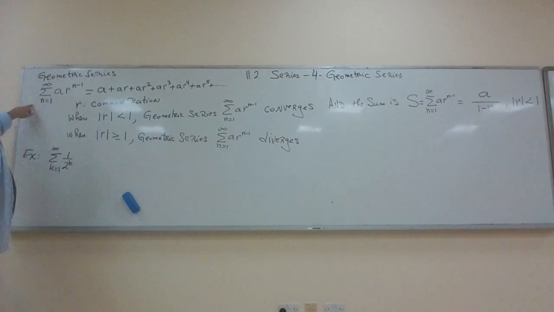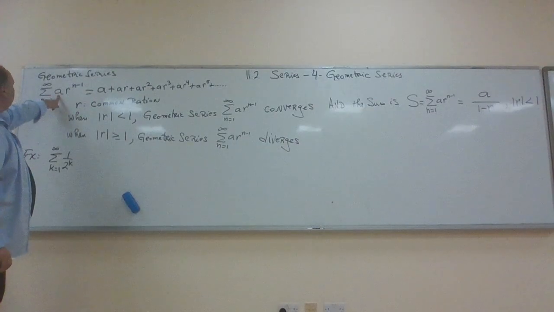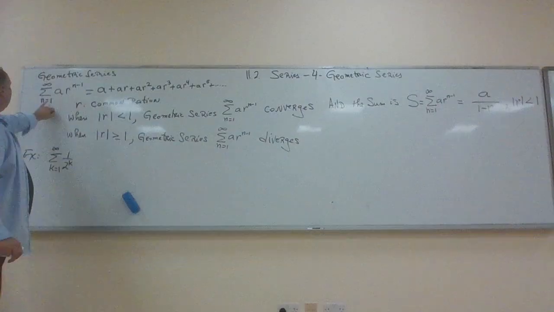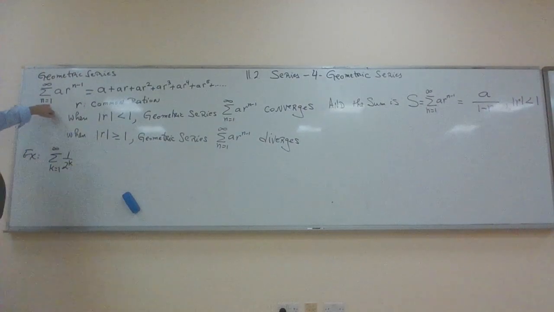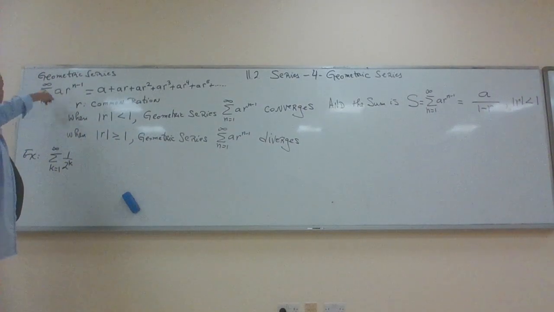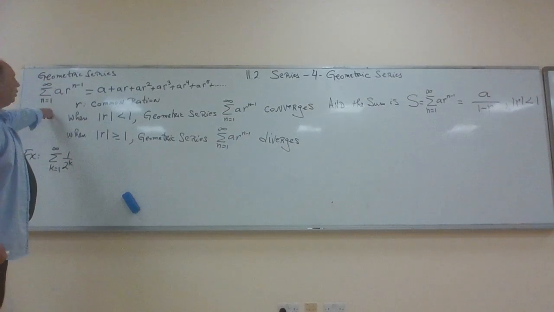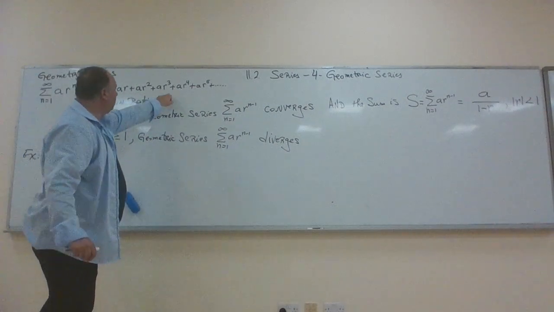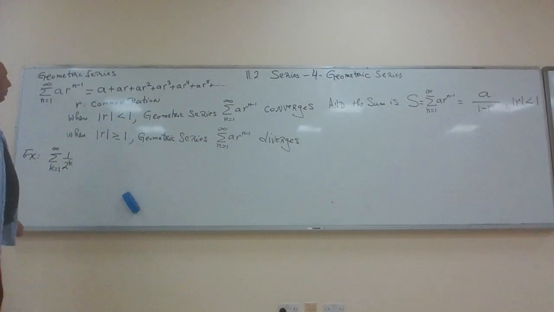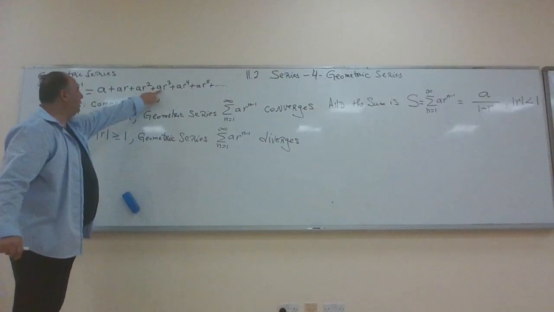So geometric series has the form an argument times a ratio to some power. Usually we start at 1, but in certain cases we could start at 0 or 2 or 5, depending on the situation. What is important is to write out the geometric series. This will actually help us much more than the form itself.